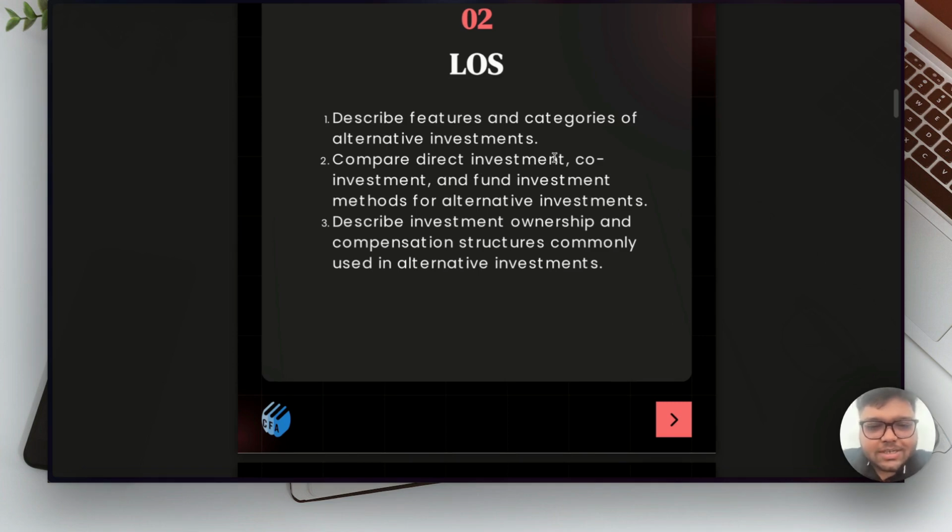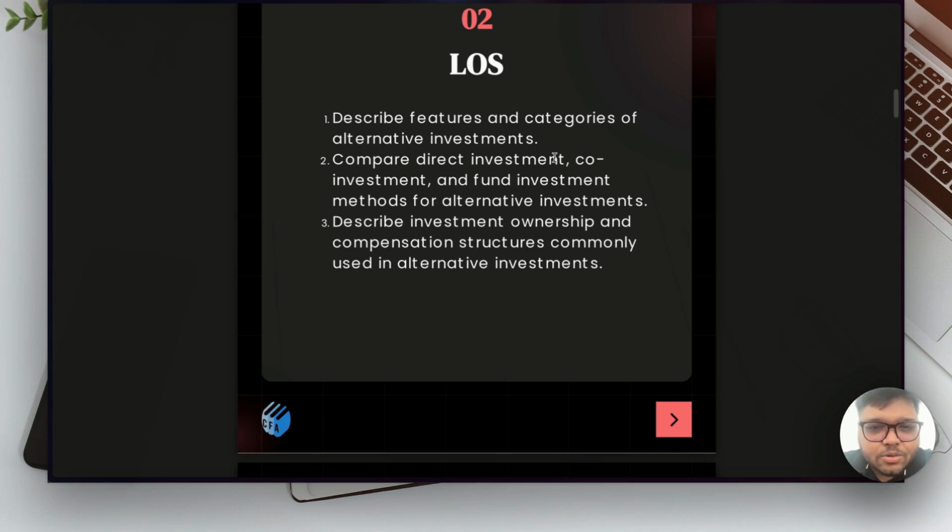Let's say I do not understand anything about the curriculum and I see this learning objective: compare direct investment, co-investment, and fund investment methods. My initial thought process needs to articulate what this means, even if it's in basic English. So I can probably just write down alternative investments are divided into direct investments, co-investment, and fund investment.